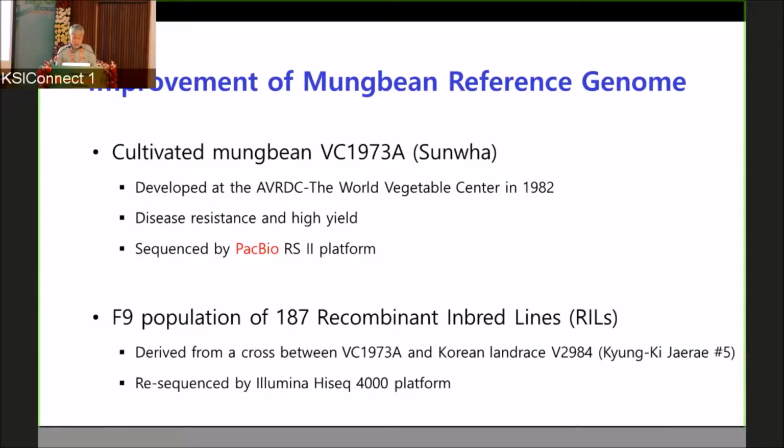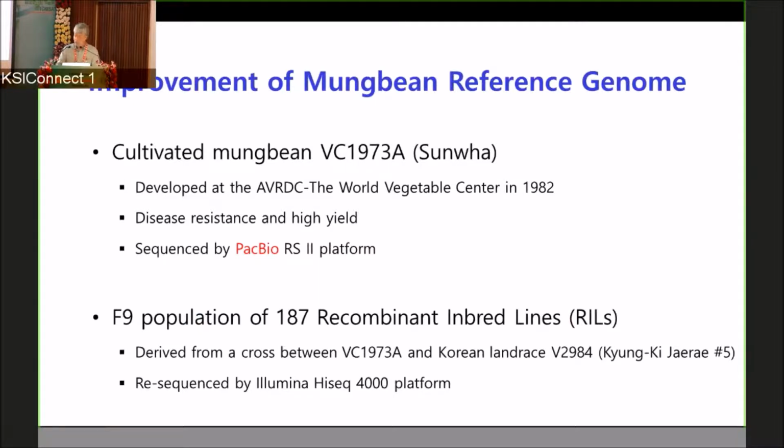And for the mapping population, we have 187 recombinant inbred lines, which were derived from a cross between VC1973A and the Korean landrace V2984A4 collected near Seoul City.